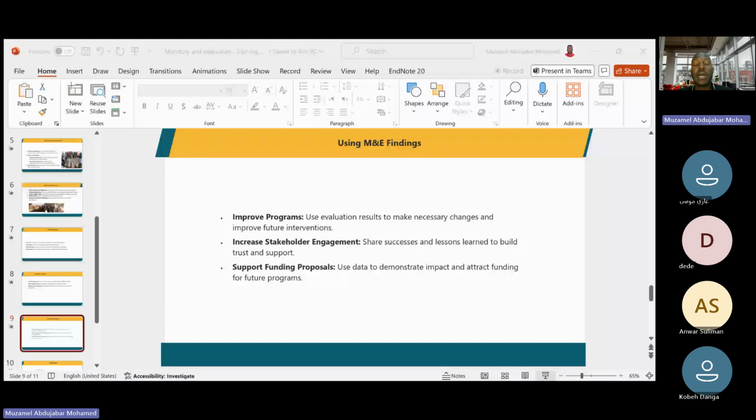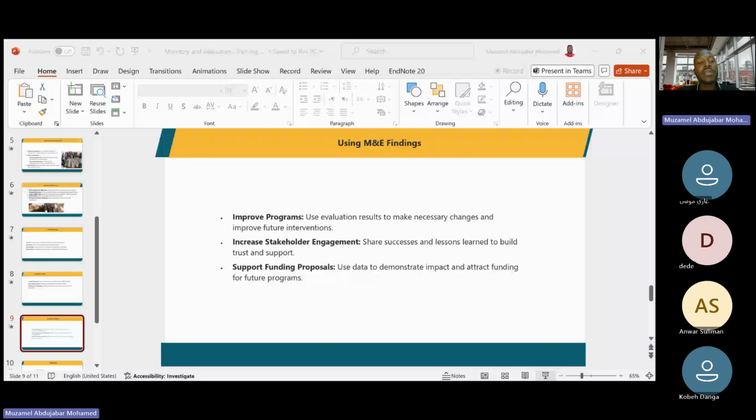If you get the same project a second time, you can overcome that problem and improve the project when you implement it again. This is one of the uses of the findings of monitoring and evaluation.